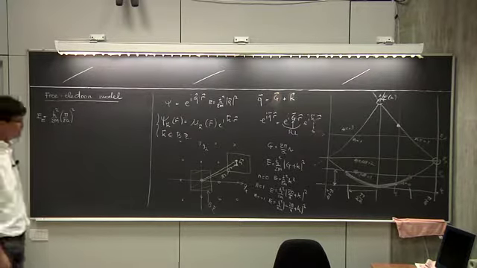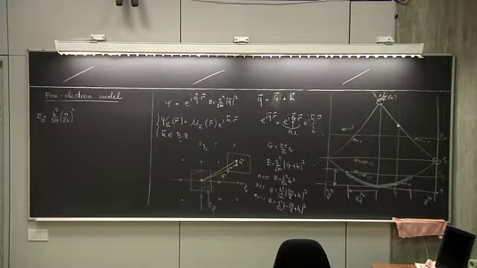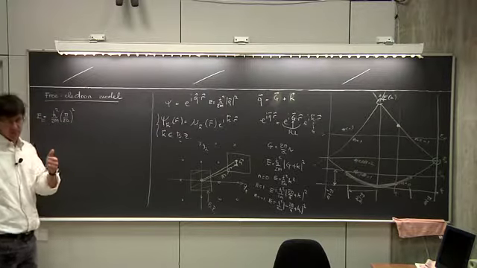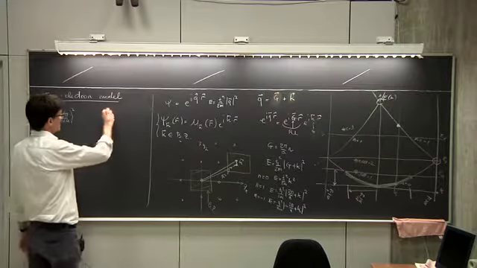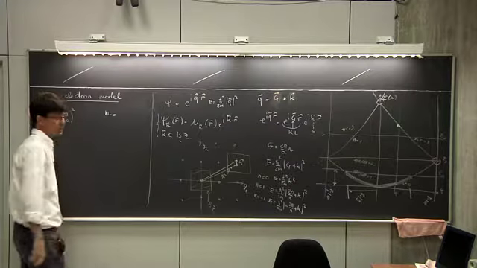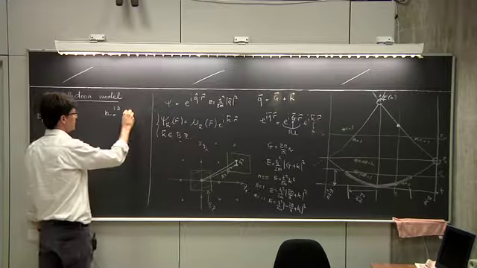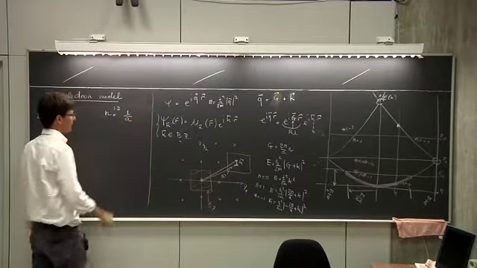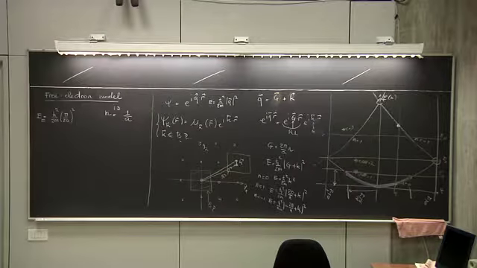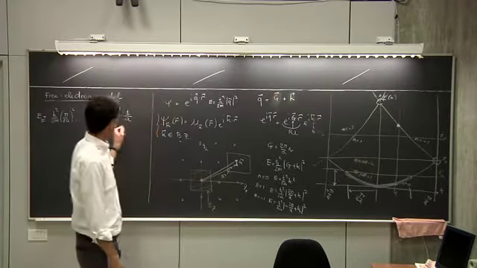Actually, you can even introduce the density of electrons, let me use n. For a one-dimensional system with 1 electron per cell, the density of electrons in 1D is 1 over a. It's 1 electron every a, every unit cell. It's the real space density of electrons.